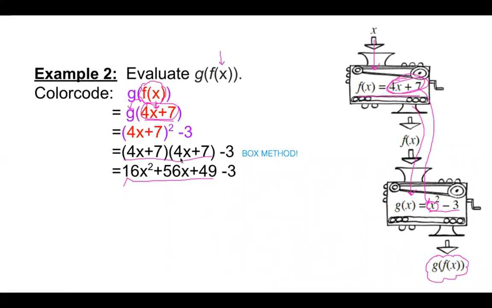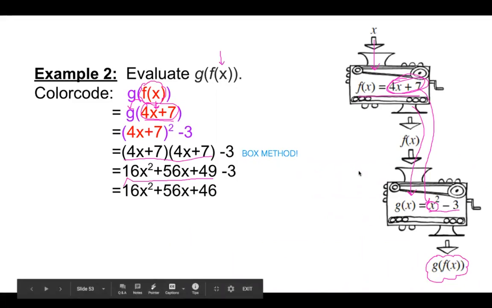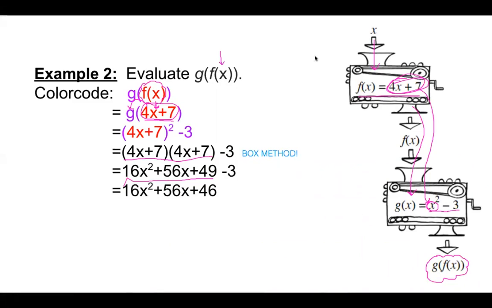After you have this simplified to this, all you got to do is combine like terms. The only like terms in this equation are the 49 and the minus 3. So 49 minus 3 is going to give us 46. And I think that's as far as we can go. I think that's our answer.